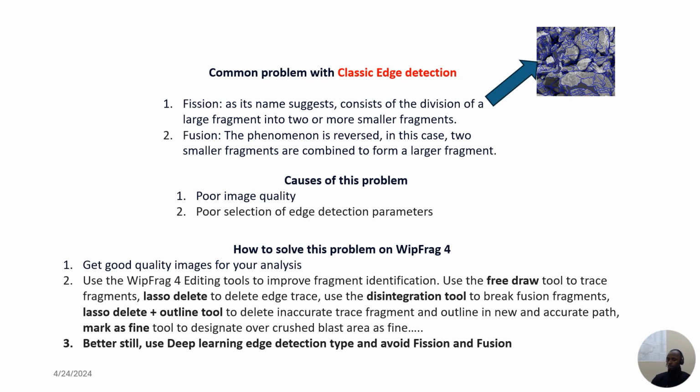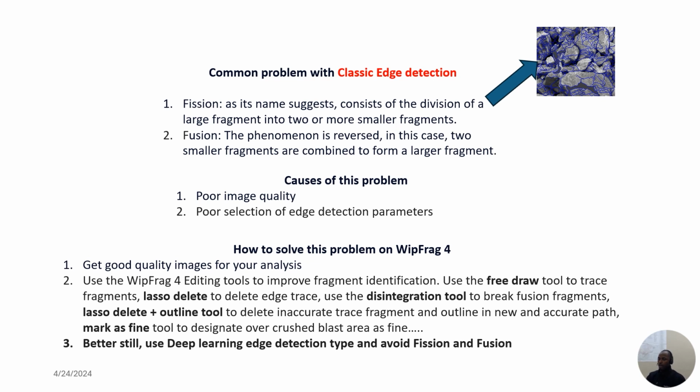You can browse through the software and you will find some materials available for you at the library store on how to take image samples right from the mine. Then another thing you can do is use the WipFrag editing tools to improve the fragment identification. The first tool available is the free draw tool. It allows you to trace the edge of the fragments directly.